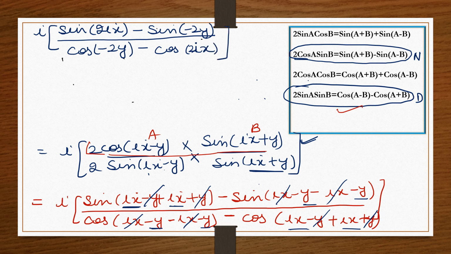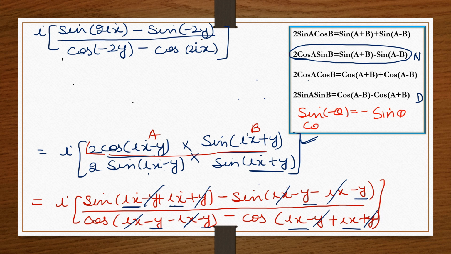This is what we'll get. Next, I hope you know that sine of minus theta is equal to minus sine theta, and cos of minus theta is cos theta, right? So just apply this thing here. What will you get?